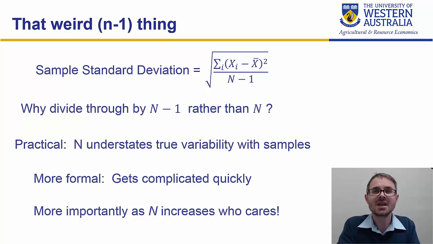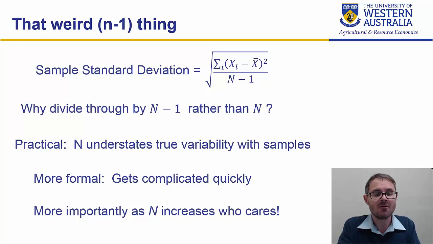So as our samples get large, this issue goes away. So really, you start thinking about, if I'm dividing through by 20 or 21 or 50 and 49, it really doesn't make much difference. So as long as we've got relatively moderate sample sizes, the divide through by n minus 1 thing doesn't make much difference.